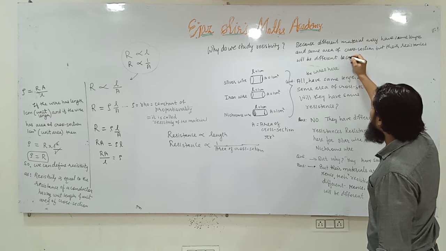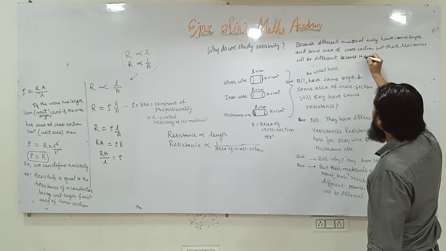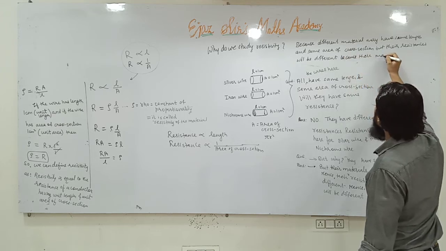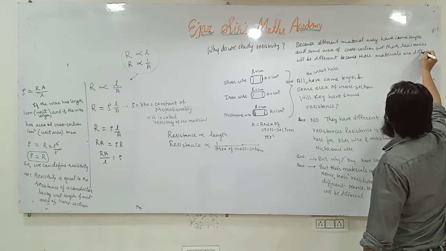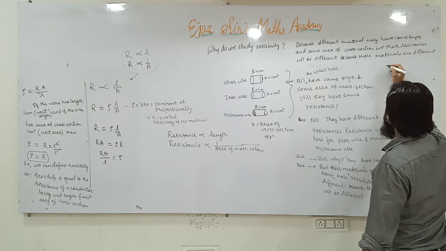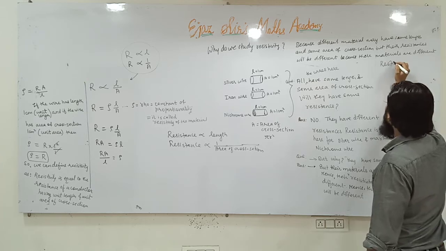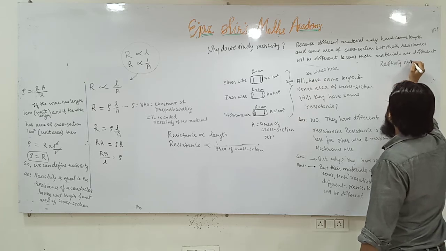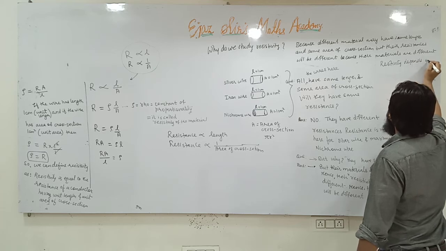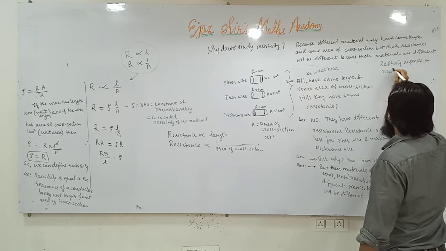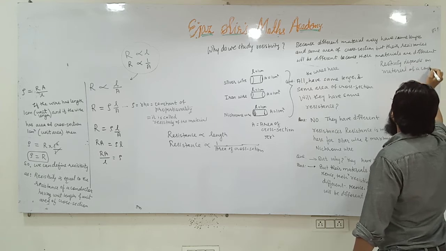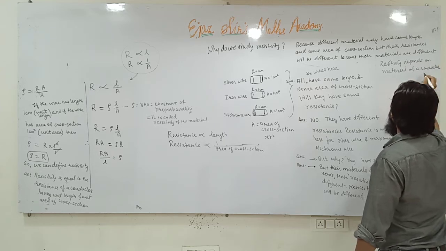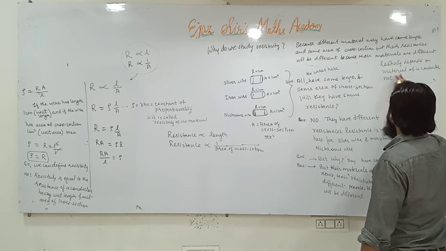Because their materials are different. So resistivity depends on the material of a conductor, not on its length.